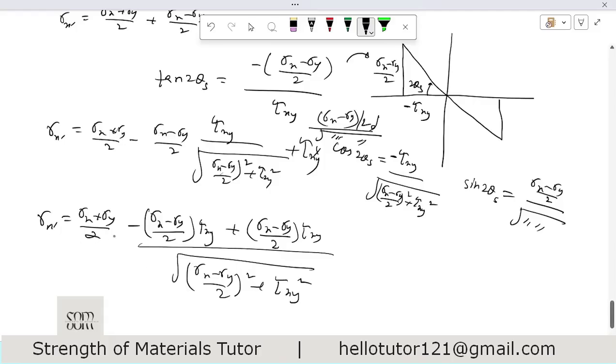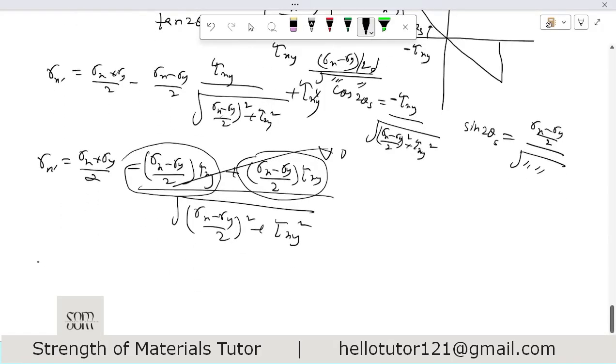Now this term and this term will cancel out and it is going to be 0. So we are left with sigma x prime equal to sigma x plus sigma y divided by 2.